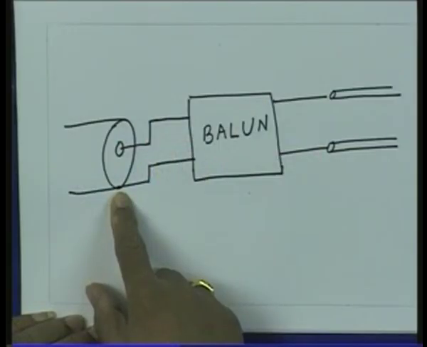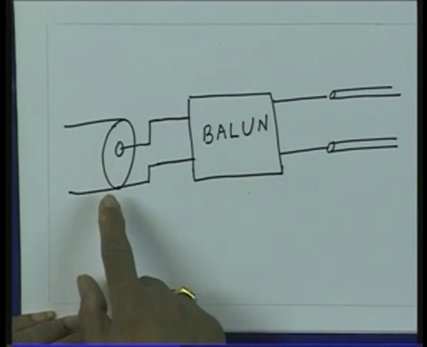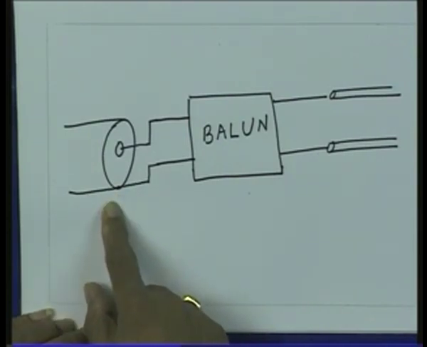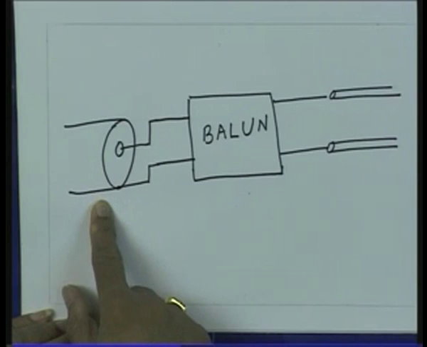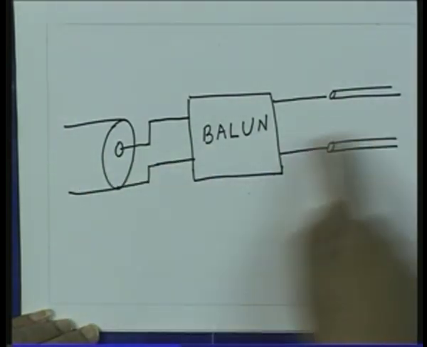Then there is a small black box which is kept just at the input of the TV, because the connector which you have on the TV is a coaxial connector. So, that connector is an unbalanced connector. Also the impedance which you see here is 50 ohms, but the flat ribbon cable impedance is much different compared to the 50 ohms.